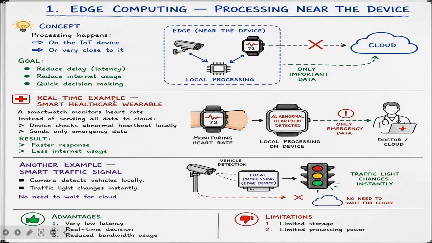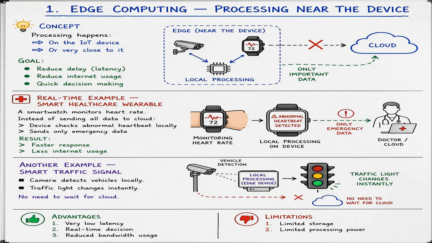Next is quick decision making, where because the processing is local, the decisions are taken instantly, and it is useful in emergencies or real-time systems. One real-time example for this is the smart healthcare wearable, where a smartwatch continuously monitors the heart rate of a person.